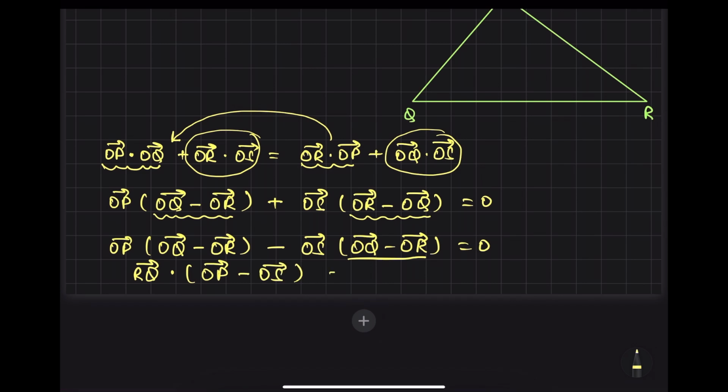So OP minus OS vector means what? Again we can think about final minus initial. So can I write RQ vector dot SP vector equals 0? So we have this idea.